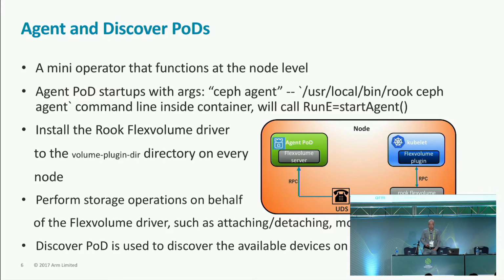Let's take a look at the diagram in this slide. We can see that there is a kubelet. Kubelet belongs to the Kubernetes code. We can see that there is a flex volume plugin. It belongs to the code base of Kubernetes, not Rook. And for the agent pod, we have a flex volume driver. This belongs to the Rook project.